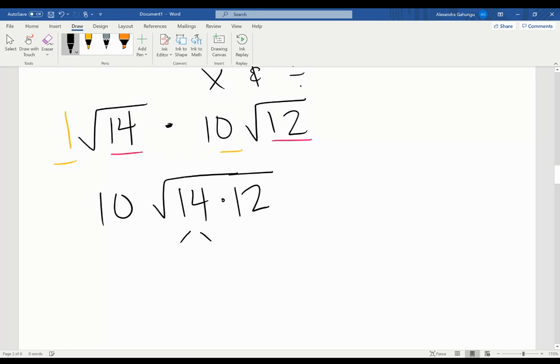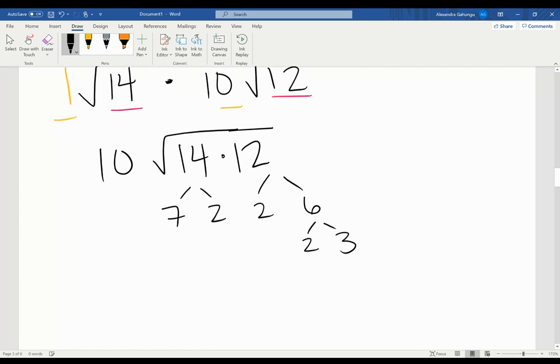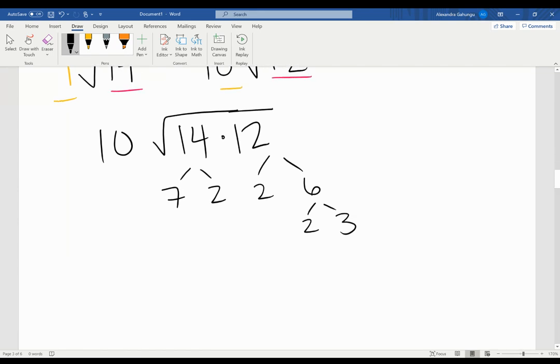So after you multiply, you simplify. I got to break up 14 and 12 because they were able to play together. So let's go 7 and 2. And neither of those can be broken up. So 12 is 2 and 6, and 2 and 3. So now that I've got my inside numbers and my outside numbers combined, I want to simplify my radical.